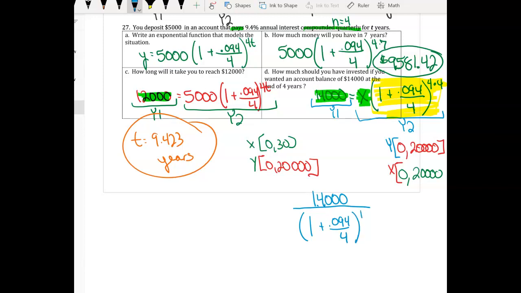And 4 times 4, I would just put 16. Either way you solve this, you're going to get $9,654.34. And that is your review for Chapter 6.